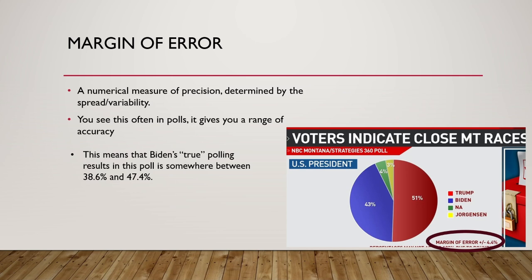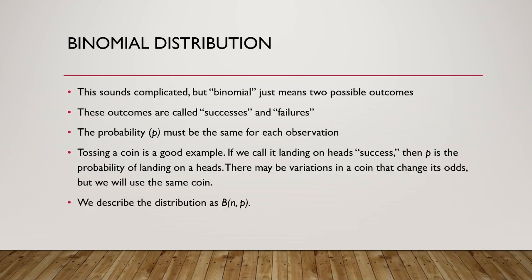It basically means that Biden's true polling result in this poll is somewhere between 38.6% and 47.4%. So that would be the margin of error. And like I said, this is a very quick intro. We'll definitely get into it more in a week or two.